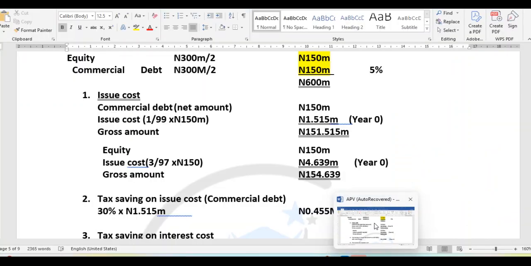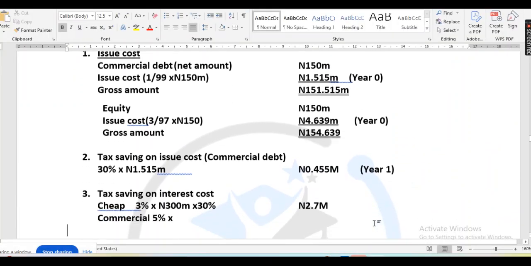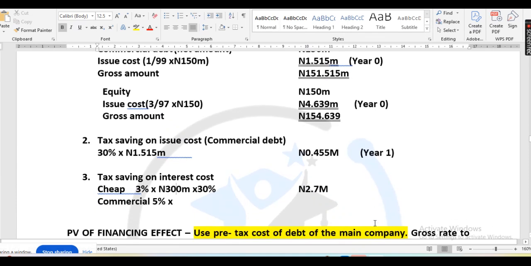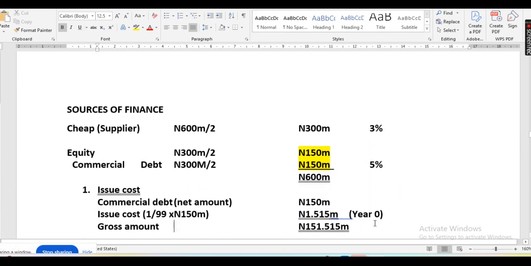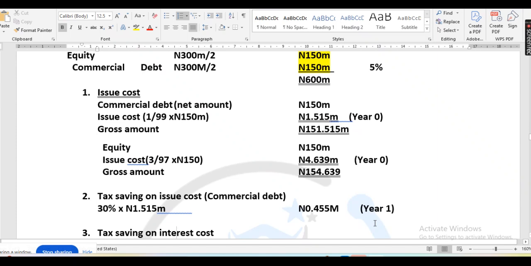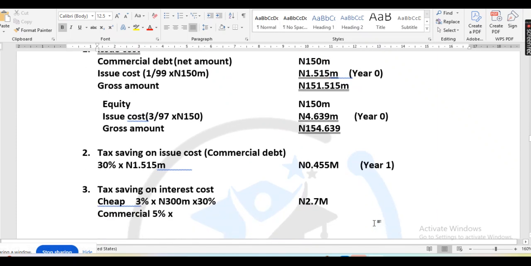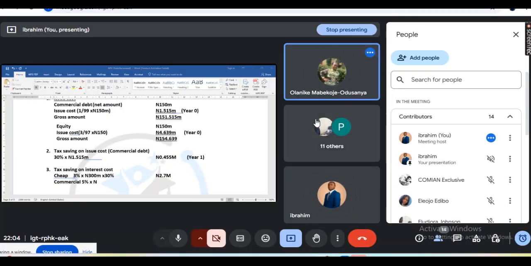The interest will be on what now? The cheap loan is this, which is 300. So the commercial debt, the interest will now be on what? 151.515.